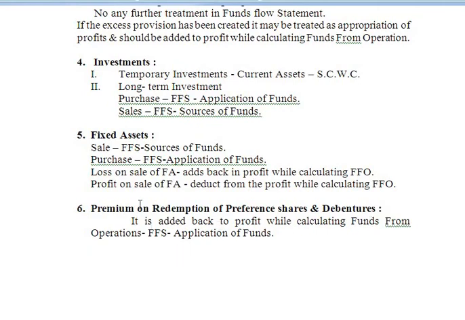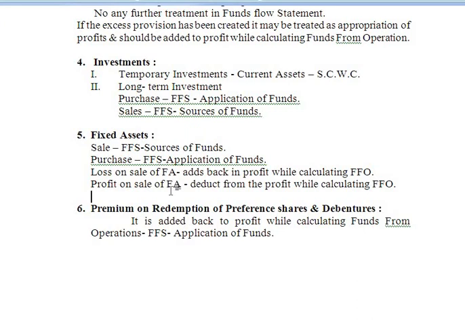And if there is a profit on sale of fixed asset, that amount we have to deduct from profit while calculating funds from operations. Both these items are non-operating items. The first one, loss on sale of fixed asset, is a non-operating expense, and the second one, profit on sale of fixed asset, is non-operating income. So we have to exclude both the profits as well as losses while calculating funds from operations.